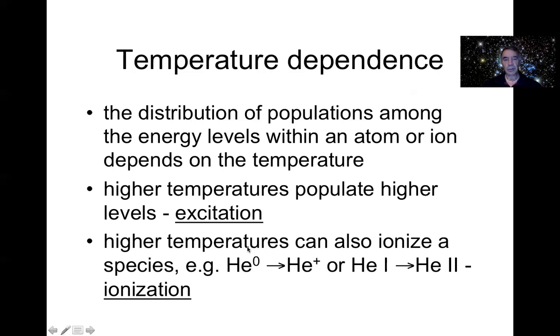Neutral helium, as I've indicated here with helium-0, has 2 electrons. But if you remove an electron from that, then you end up with singly ionized helium. That still has 1 electron, so it still has the potential, still has an electron in a whole load of energy levels. So it will still produce spectral lines.